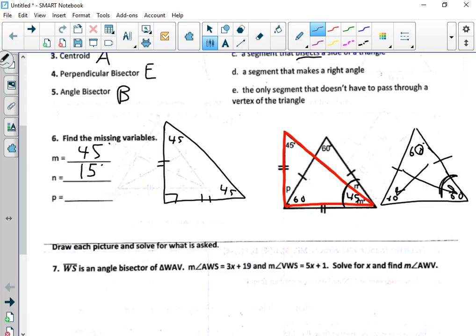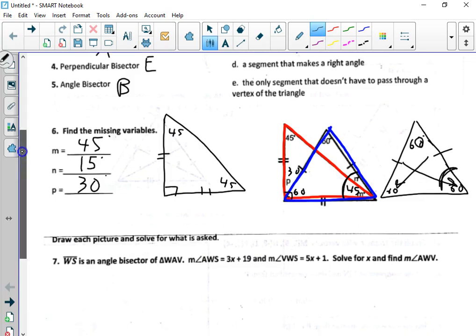Okay? We're just looking at this triangle right here. 60, 60, 60. Well, if this whole angle down here is 90, what does that leave here? 30. Separating them makes it much easier to see all that.